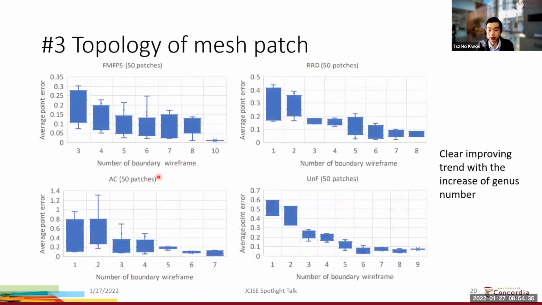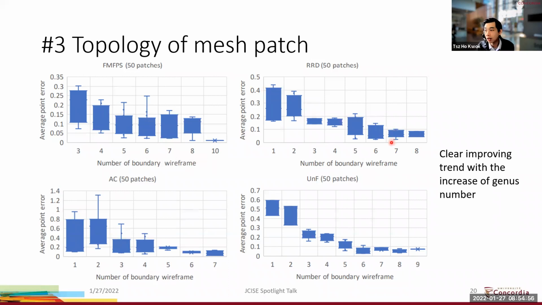The third one is the topology. It is about the genus number, or the number of boundary wireframes. From this, we can see a clear improvement trend. The error keeps decreasing with the increase in the number of boundary wireframes, and this trend is very clear.